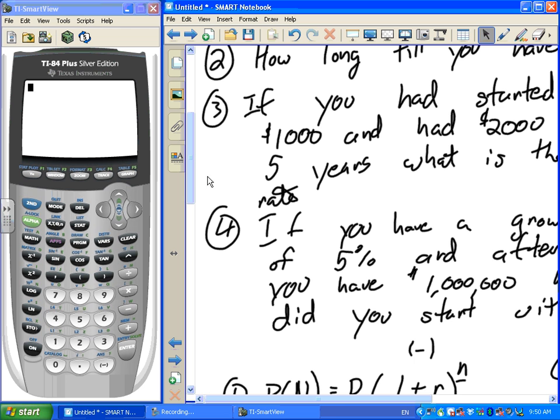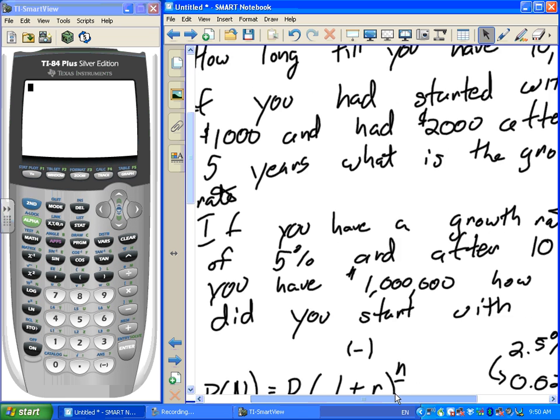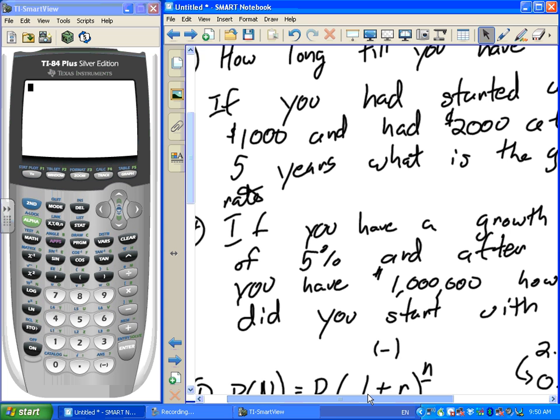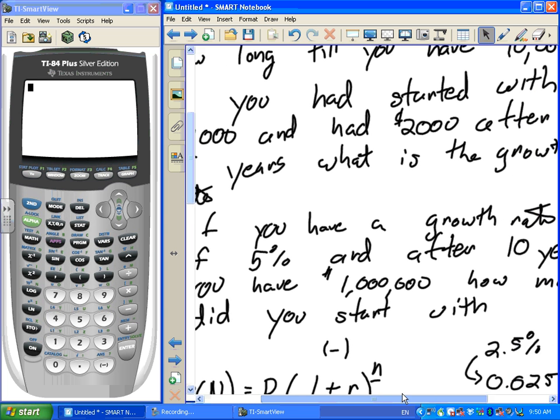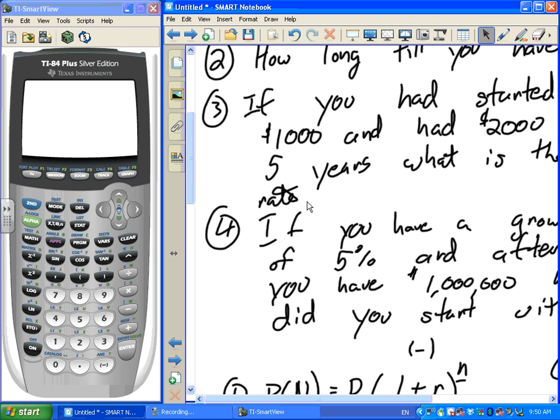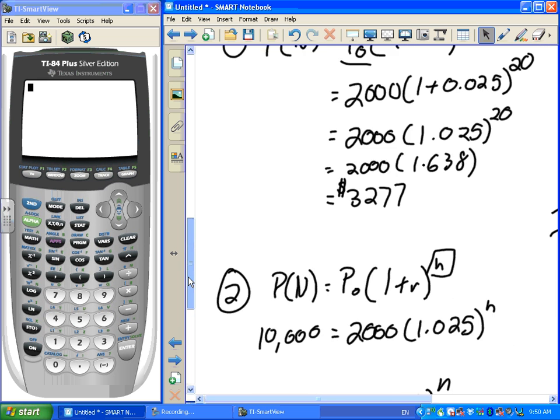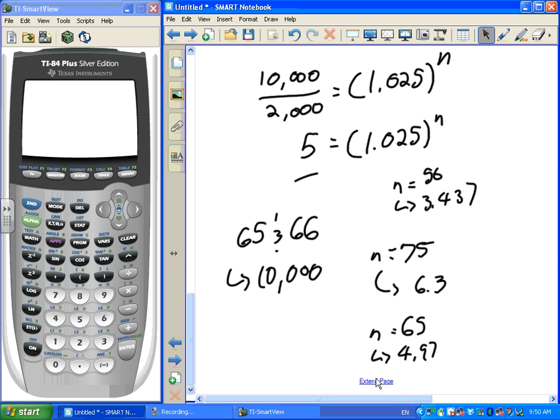Okay, question 3. If you had started with $1,000 and had $2,000 after 5 years, what is the growth rate? So that's pretty straightforward, this question. It's telling you exactly what you need to find.